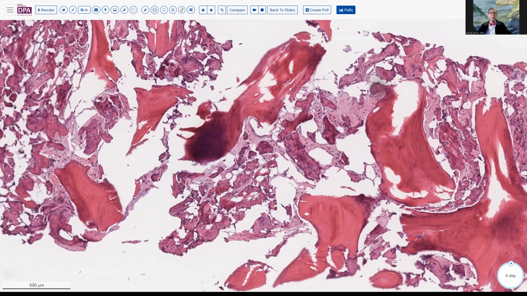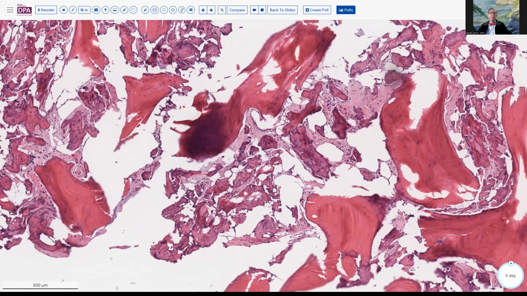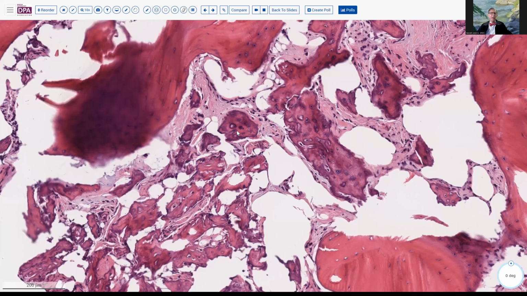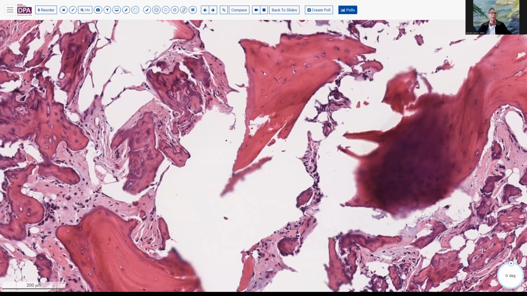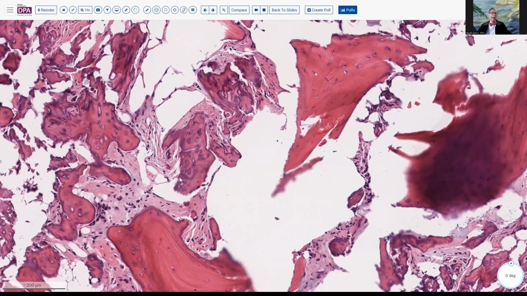We see that this is making an abnormal bony matrix. And just looking at these trabeculae in here, these are abnormal. This is tumor bone, not just dysmorphic bone of a fibrous dysplasia or fibrous cortical defect or something of that sort. And then we look at the stroma.